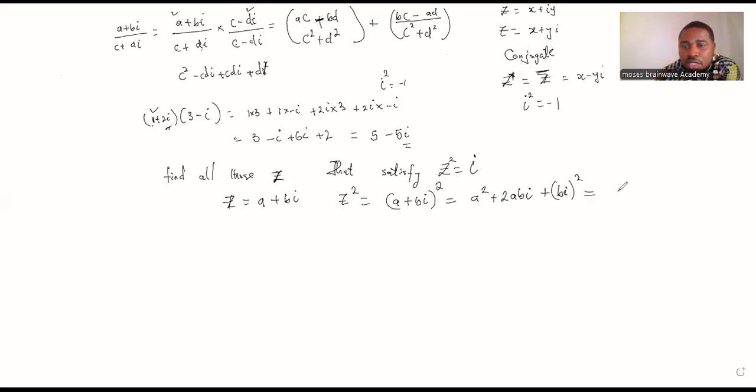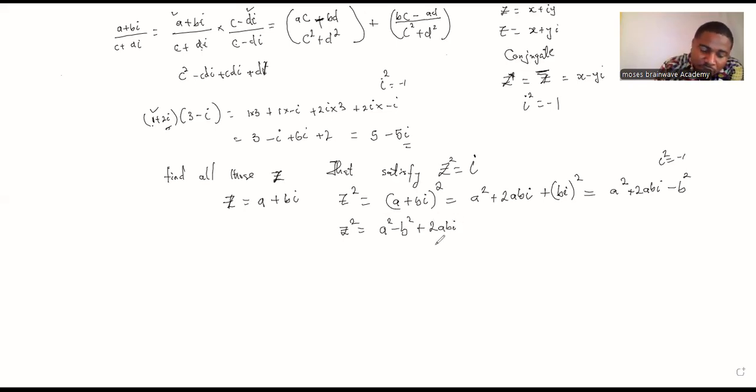So at the end of the day, we're going to be having a squared plus 2abi. Then i squared is technically minus 1, so we're going to be having minus b squared, because remember i squared is minus 1. So our z squared is just going to be a squared minus b squared, then plus 2abi.